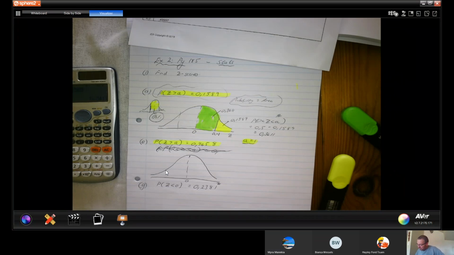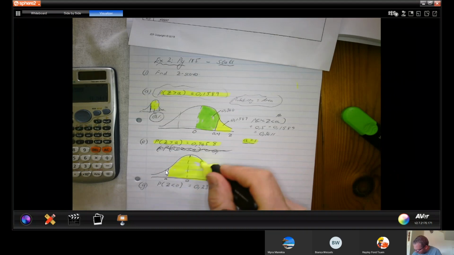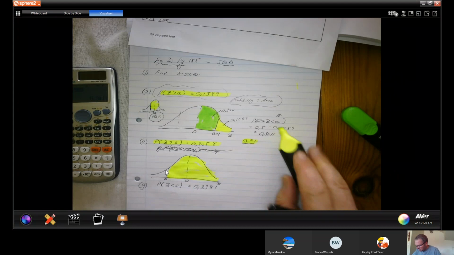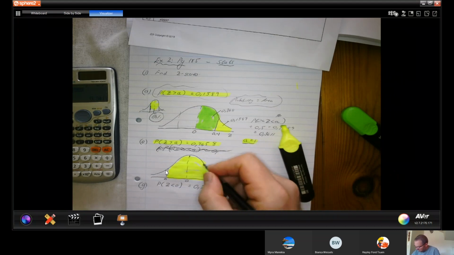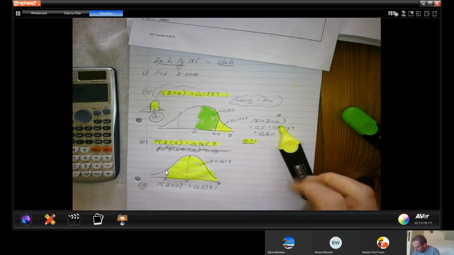Left. And quite far left, do you agree? Because a 0.94 probability of something being bigger than that means this region represents about 95% of all the data. So A must be quite far to the left. This whole yellow region is 0.9458.